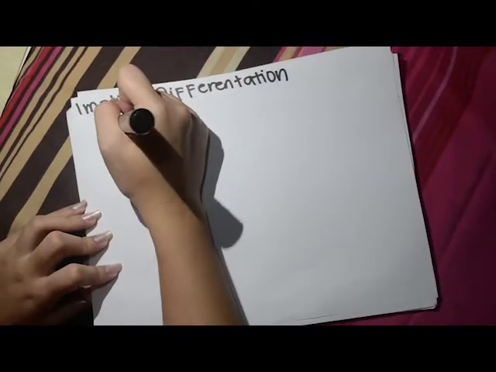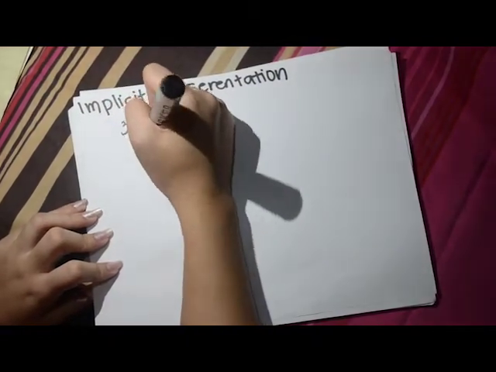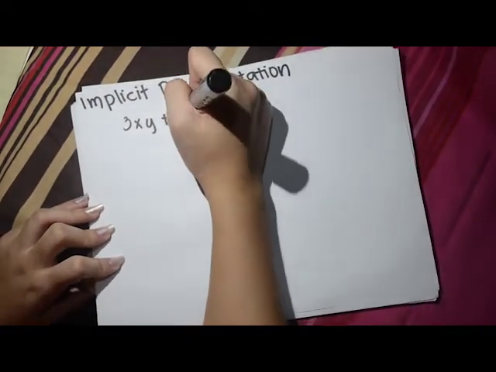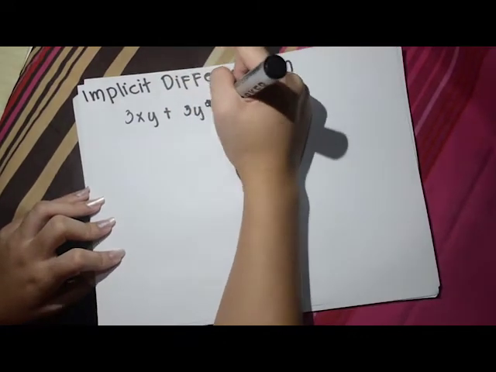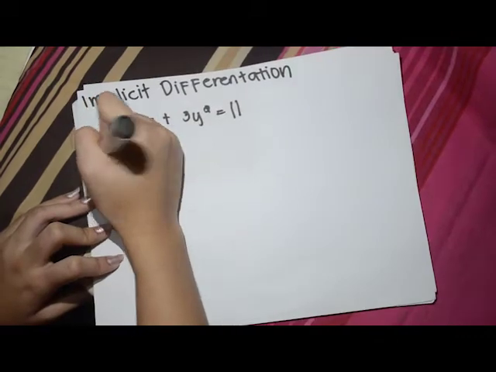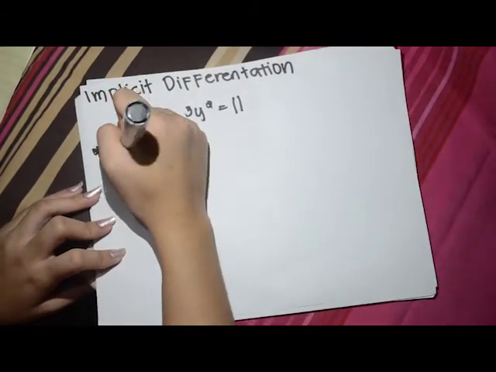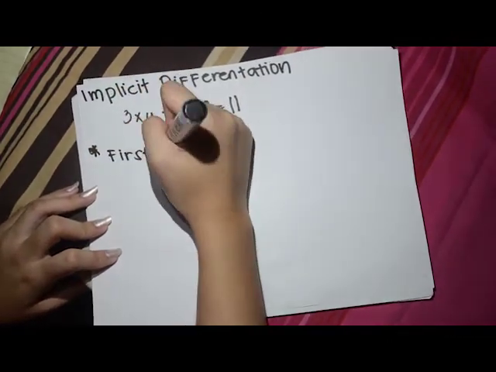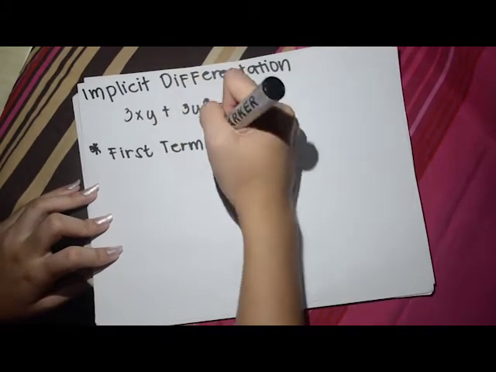Last, for the first part of this video, is implicit differentiation. We are given 3xy plus 3y squared is equal to 11. Get the first term, which is 3xy, and solve.